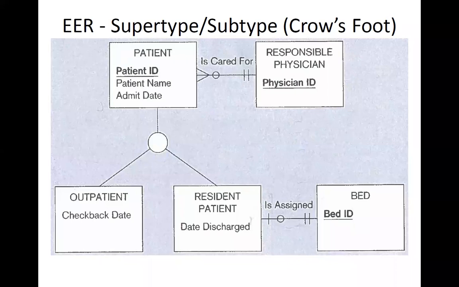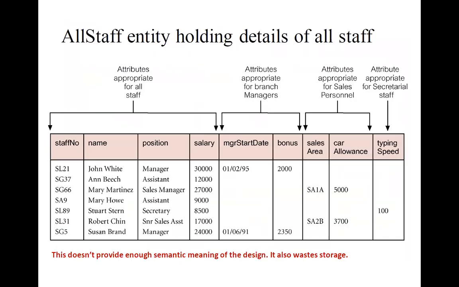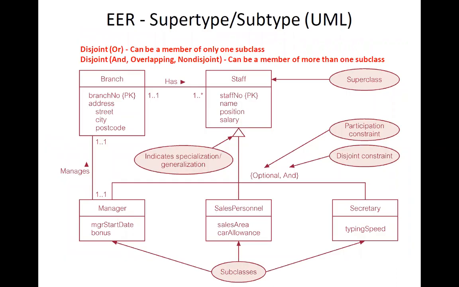Professor, in the first diagram, like the last slide. This one? Yeah. Or which one? This one? Yeah, that one. The subclasses is the super type, right? And then the salesperson are the subtype. Sales personnel, manager, and secretary are subtype, and later on the staff and branch. Or am I getting this wrong? So this is the super type.